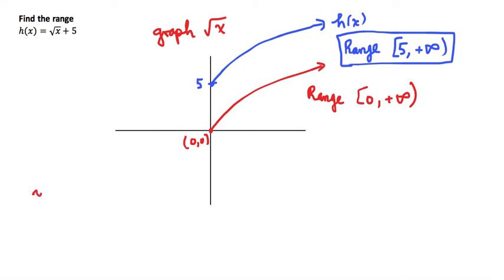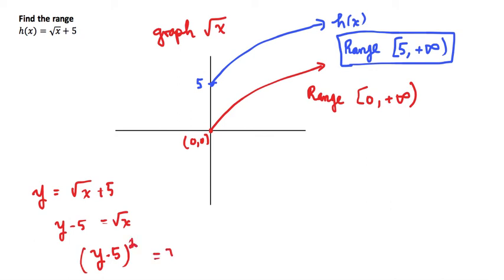Some of the other methods that we use, the algebraic methods, is to just solve for x and see what's going on here. So if you were to do this, you would say y minus 5 is equal to the square root of x, and then you would square both sides to get x by itself. So we would get y minus 5 quantity squared is equal to x.